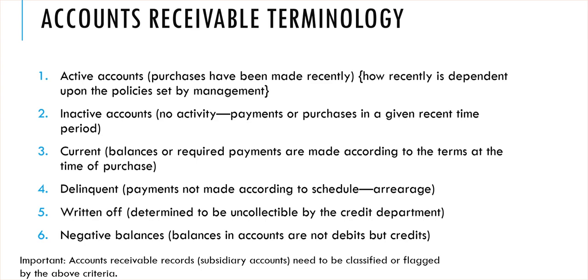Would we want to do something different there? Would we want to try to get them to pay? And yes, the answer to the last one is yes, we want to get them to pay. And maybe we want to be hesitant about extending greater credit to them. And the written off accounts are the ones that are deemed uncollectible by the credit department.